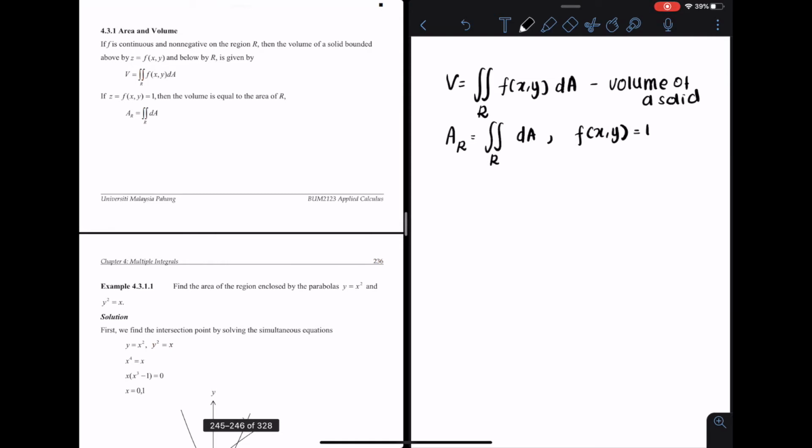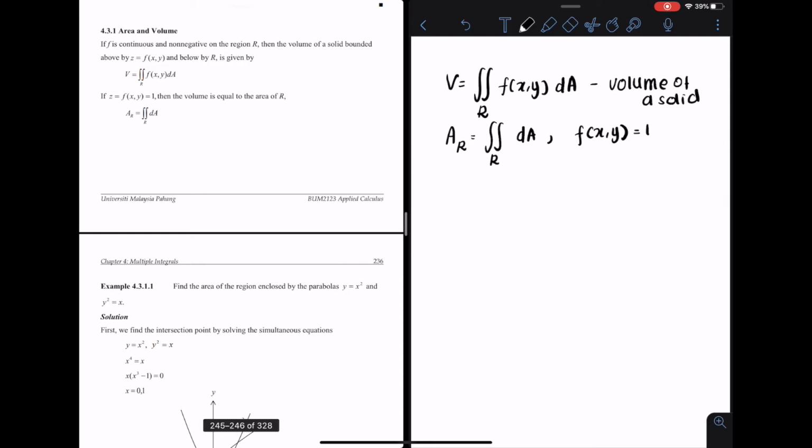Okay, you have to pay more attention to the question given to you. Either the question asks you to determine the volume of the solid or determine the area of the region R. If the question asks you to determine the volume of the solid, you have to determine what the function f(x,y), or function z, is.